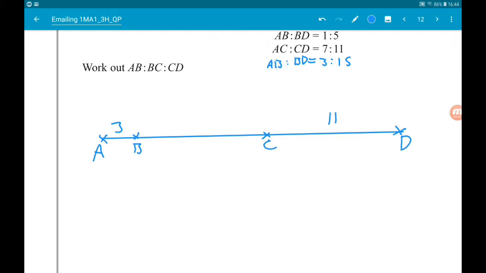At the moment we have 14 parts, so BC must be 4. So AB to BC to CD is 3 to 4 to 11.